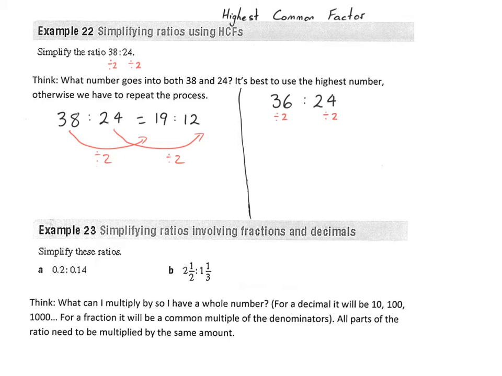If I divide those by 2, 36 divided by 2 is 18, 24 divided by 2 is 12. They're both still even, so they both still have a common factor. Maybe now I recognise that they've got a common factor of 6, and I could divide them both by 6, and then I would have 3 to 2. So you're looking for the highest common factor to make it a quicker process.